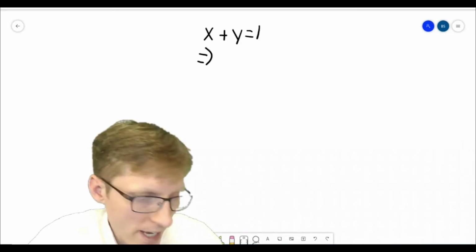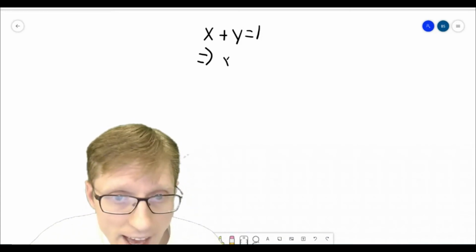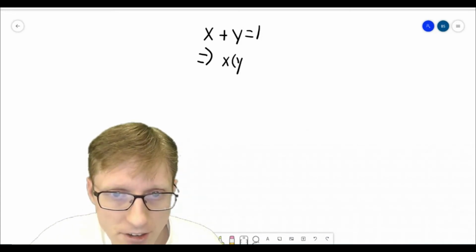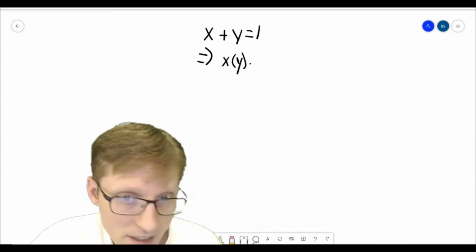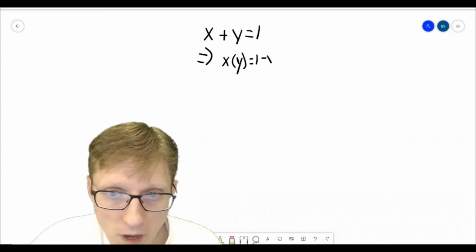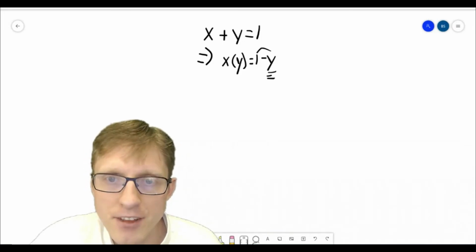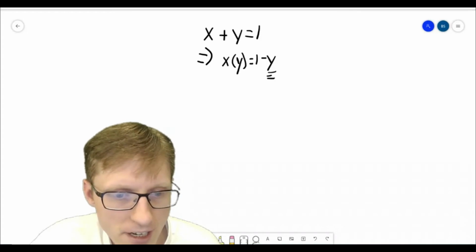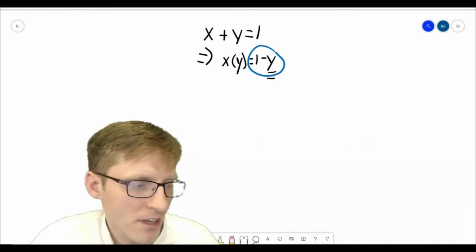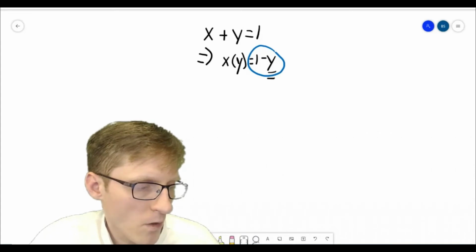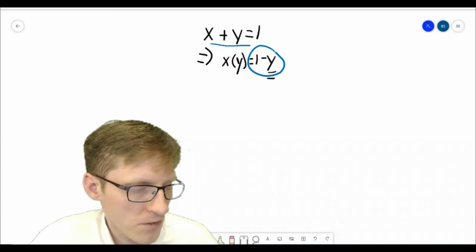So we could rearrange that to find that x as a function of y is equal to 1 minus y. Right, so take some value of y, plug it into this function here, and it tells you what amount of x would be such that this constraint exactly holds. Okay.